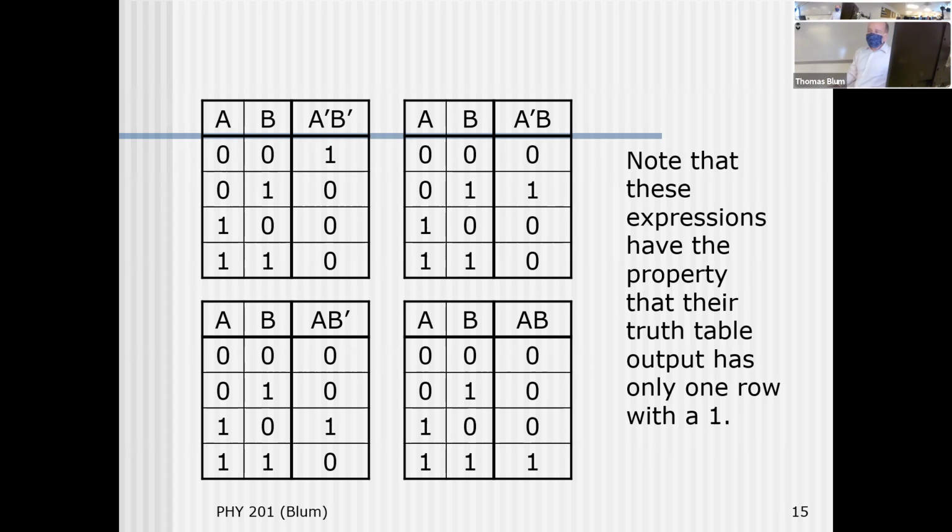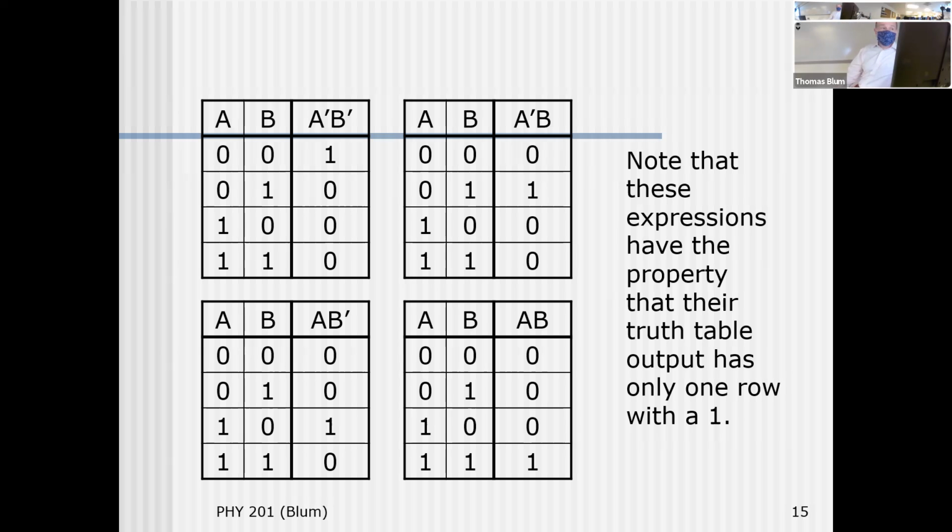So with the NOTs and the ANDs, I can always write an expression that is a 1 in a particular row and 0 every place else. If I want to write an expression for a given row, if the A is a 0 in that row, I will prime it. If it's a 1 in that row, I will not prime it. And I have all of the inputs.